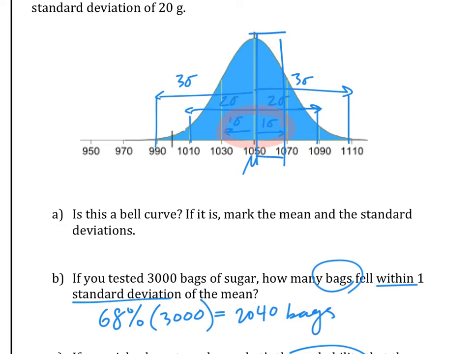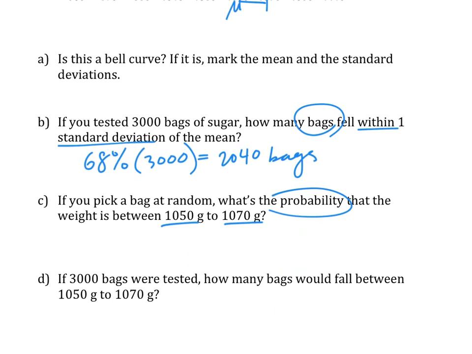So the question is, what is the probability? Probability, remember, just means percentage. So what's the percentage that is where I boxed? Well, within 1 standard deviation on the left and the right, that's 68% of the data. Since this is only the right-hand side of the 68%, this must be 34%.